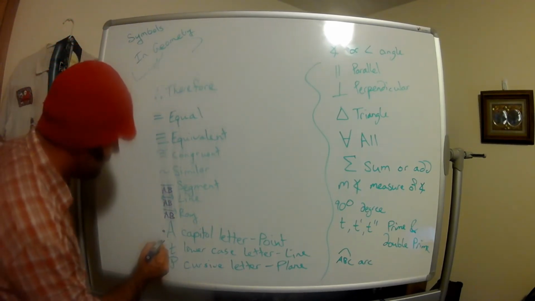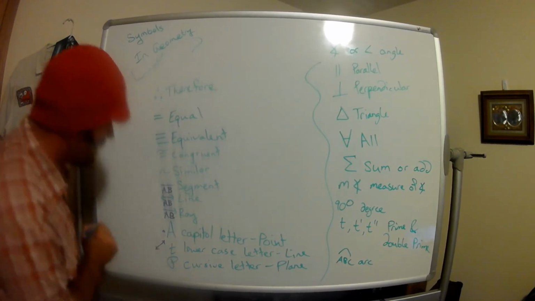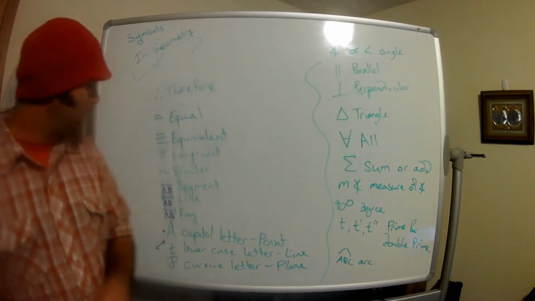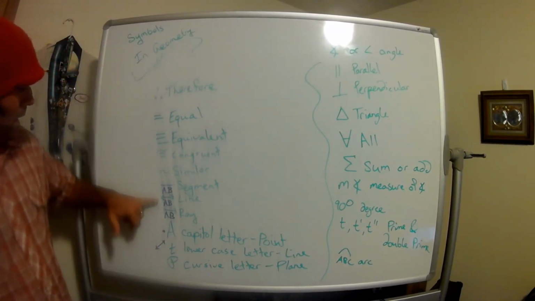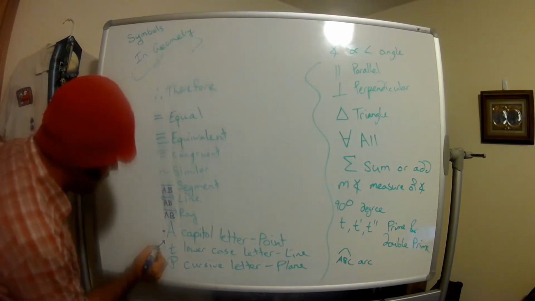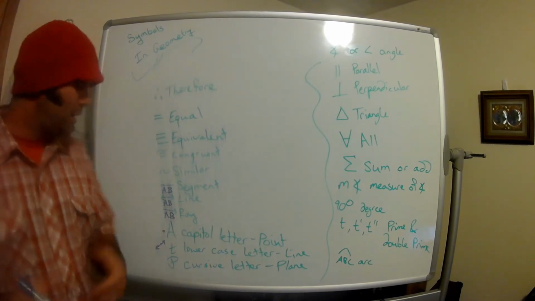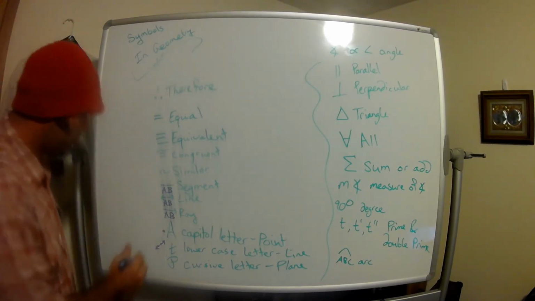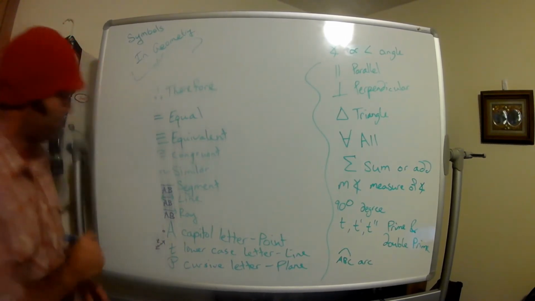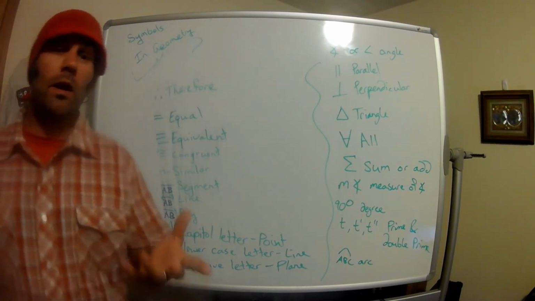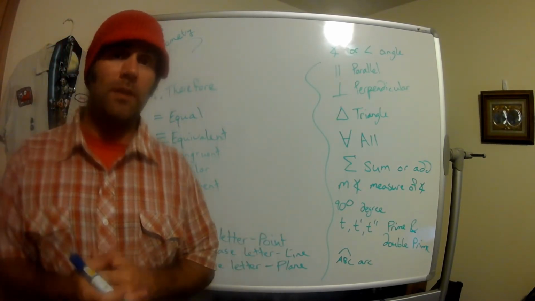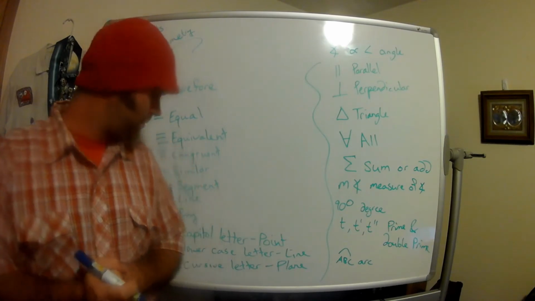Line T. So we can name it line T. Of course, we could name it line AB if we had 2 points, point A and B. We could name it line AB, but we could name the line itself line T. And that would be fine. And T is just an example of a letter. You use any letter you want.